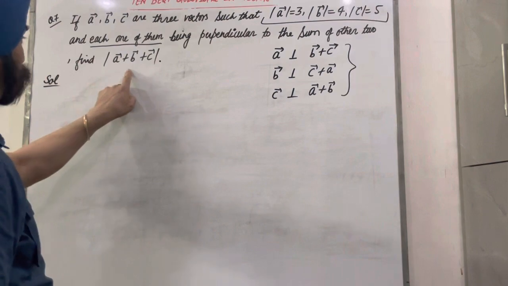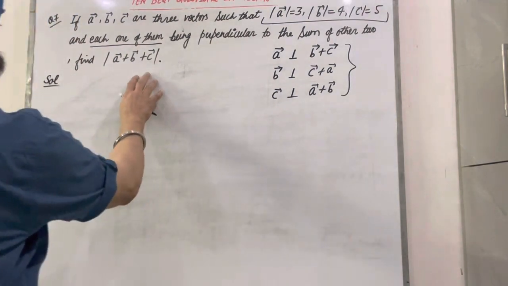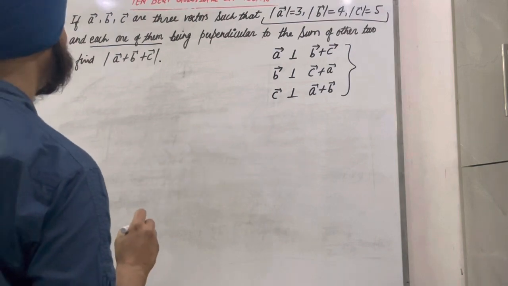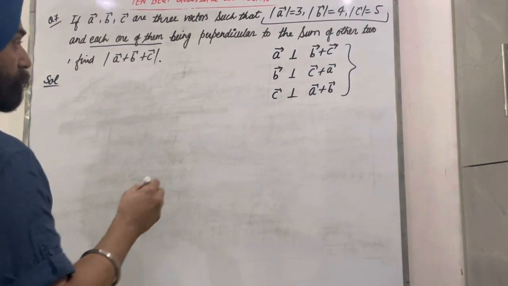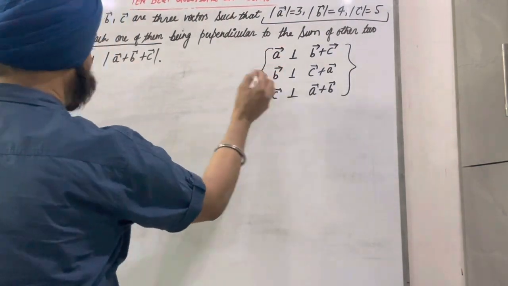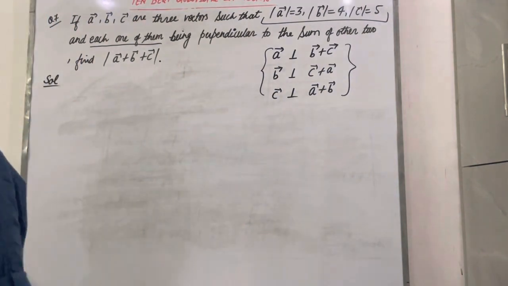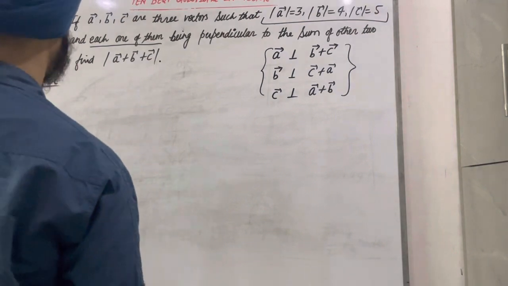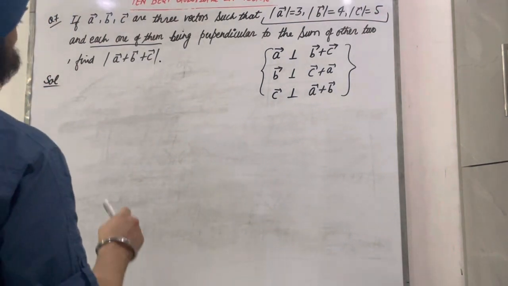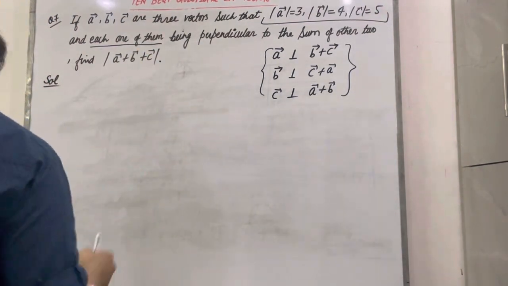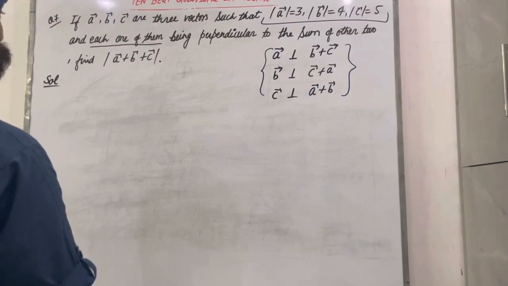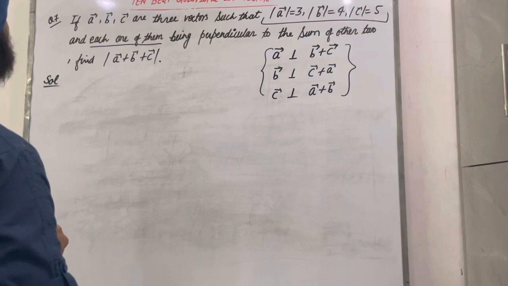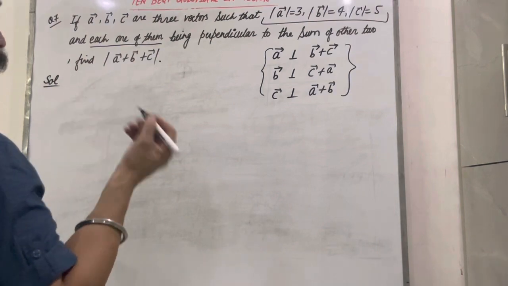Find magnitude of vector A plus vector B plus vector C. Now, one of the most important things you should remember while dealing with magnitude of a vector. Whenever they're asking you to find magnitude of some vector, taking square of the magnitude is the initiating or the starting step. It is very, very helpful. Why?